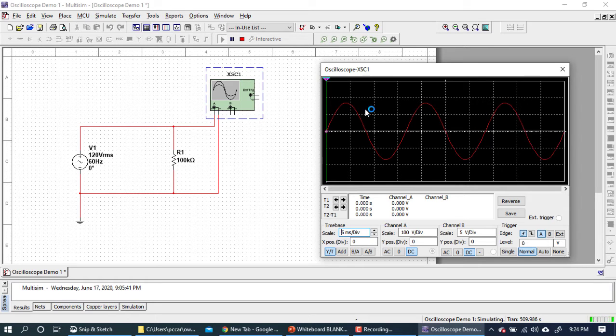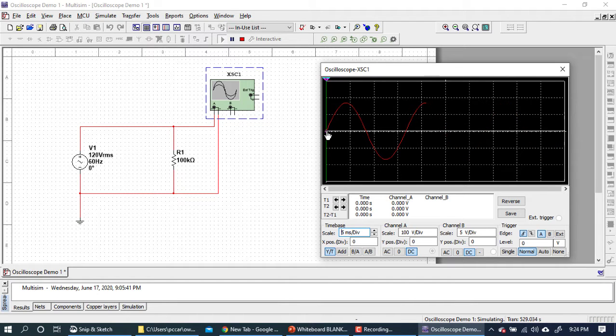And to do that, we need to get this waveform lined up. We know on the left-hand side that it's going to start at 0 volts on the rising edge. So that's a perfect place for this waveform to start. And then we can find the next 0 volt mark on the rising edge, and that would be 1 cycle. So let's count how many divisions it takes for 1 cycle to occur.